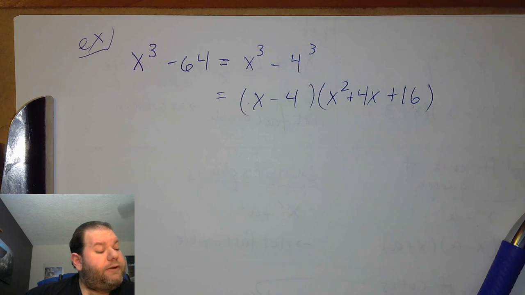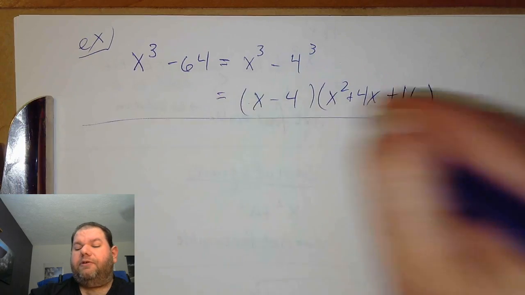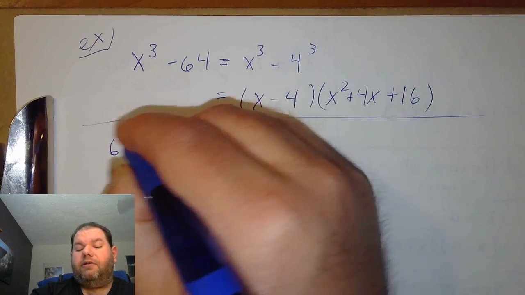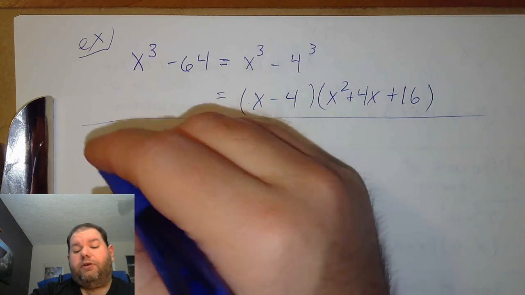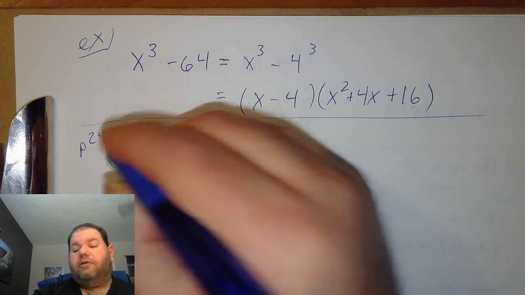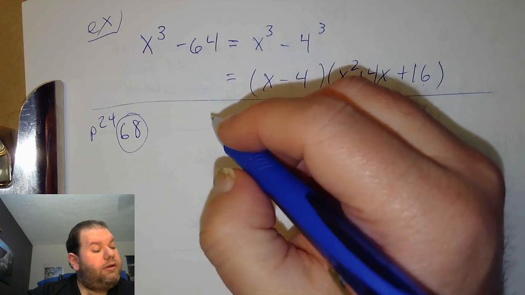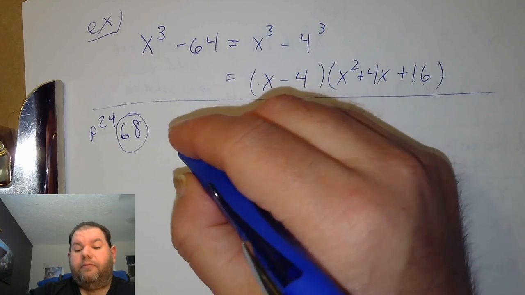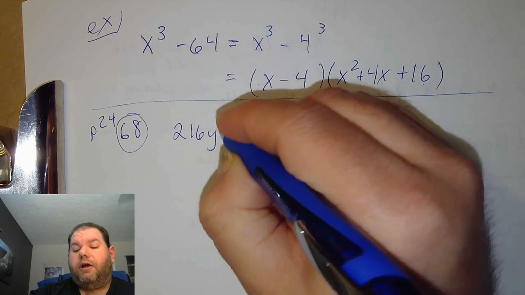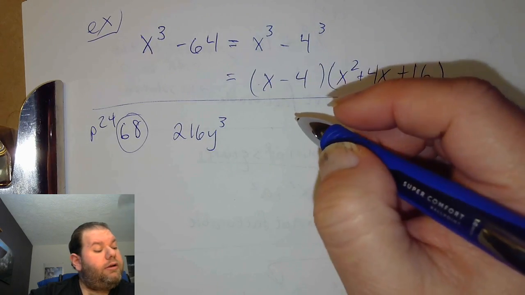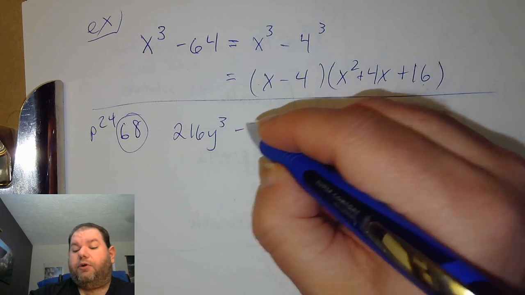Now the book throws out some weirder numbers. Let me show you 68, still on page 24. 216y to the third minus 343.